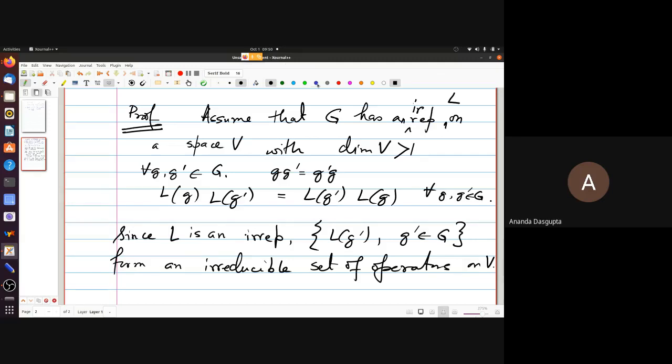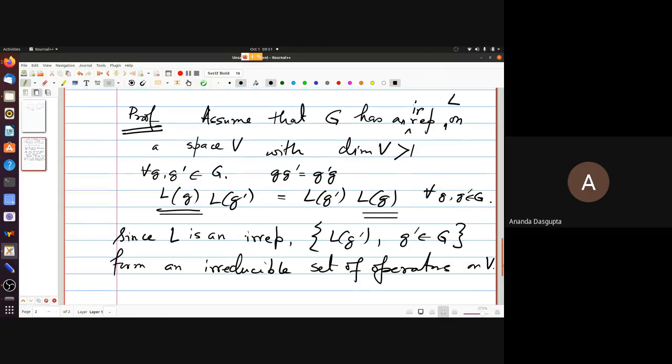But now you take a look at this. What is this telling you? It's telling you that the operator LG commutes with LG prime for all G prime, right? So if you focus on a particular G, LG commutes with all the LG prime. So what does this tell you?